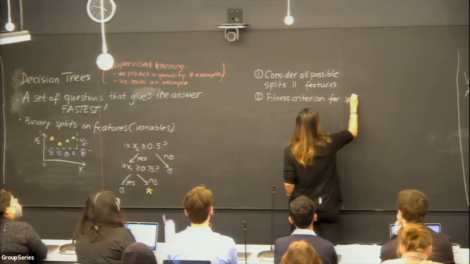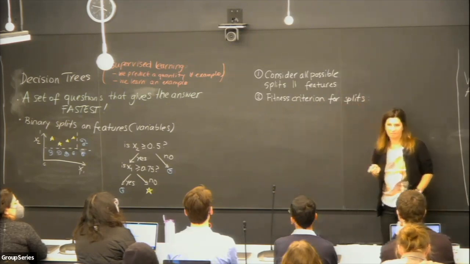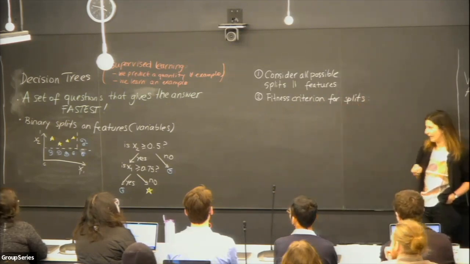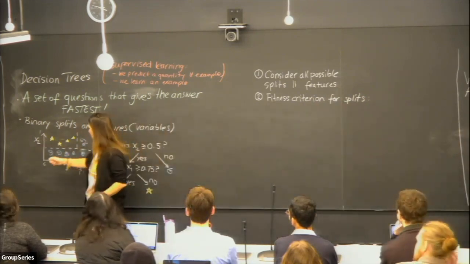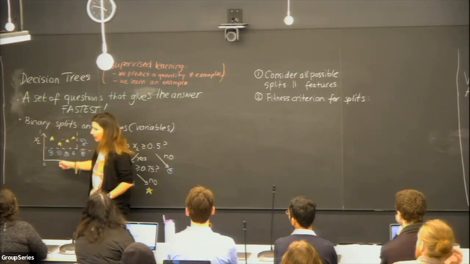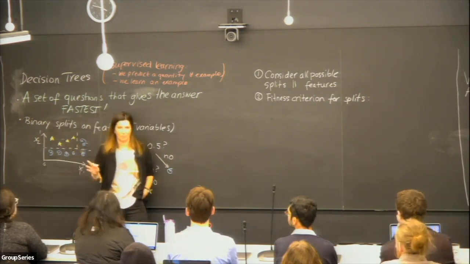And what do you think we should do? What makes a good split? Why did we choose this one here instead of this one, for example, or this one? High entropy gain. Okay, yes.